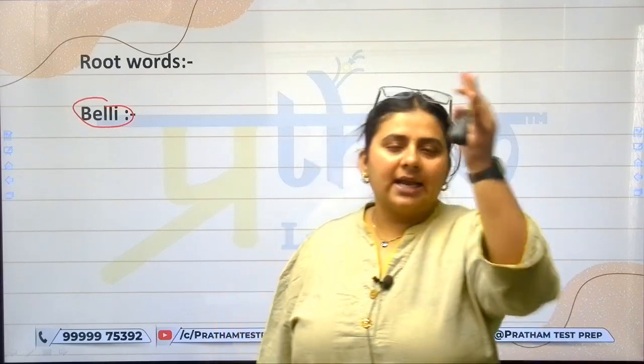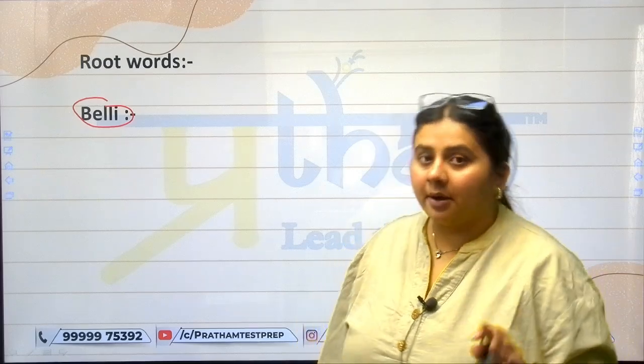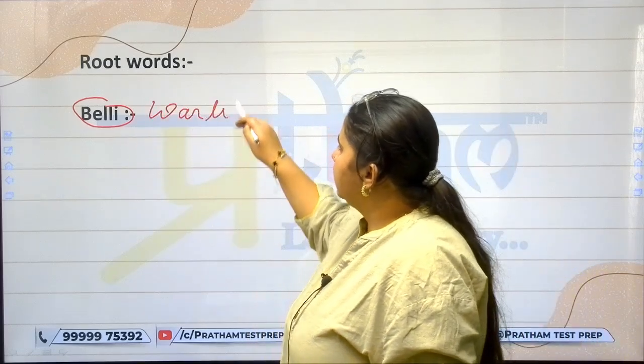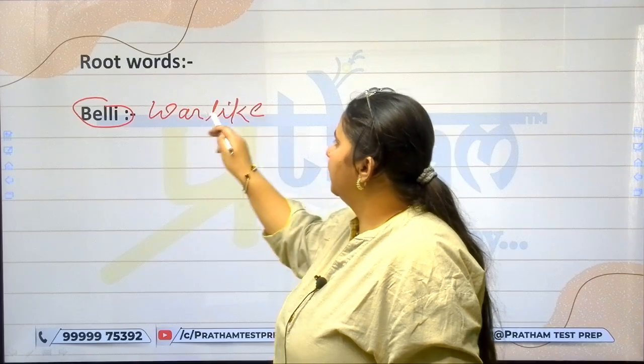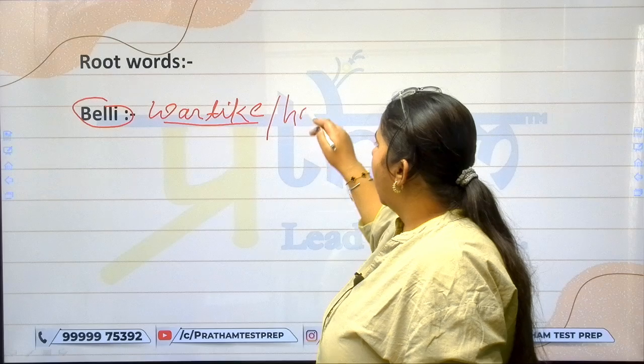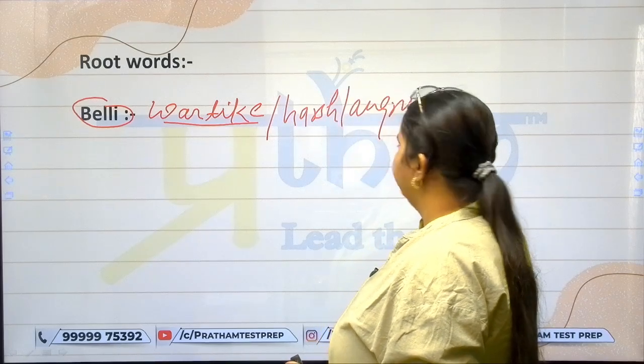All I have to think is belly का मतलब क्या होता है. That's it. And I'll be able to eliminate my options and get to the correct meaning of the word. So belly always stands for something which gives you the meaning of warlike, or when you talk about harsh or angry nature of something.